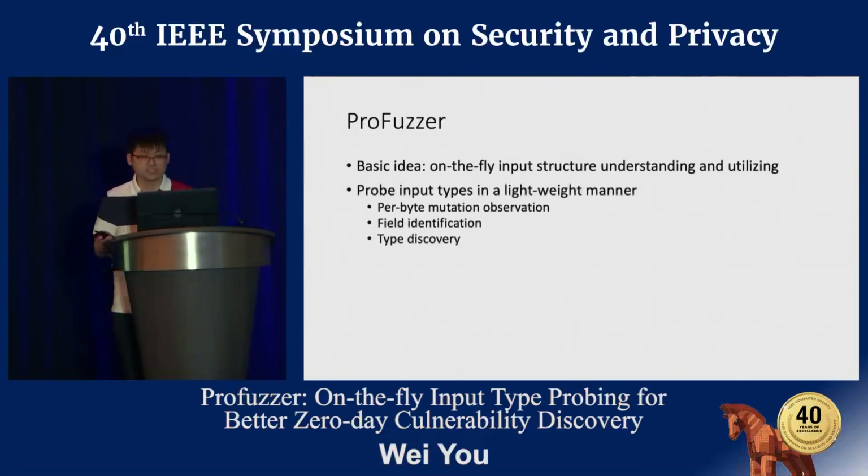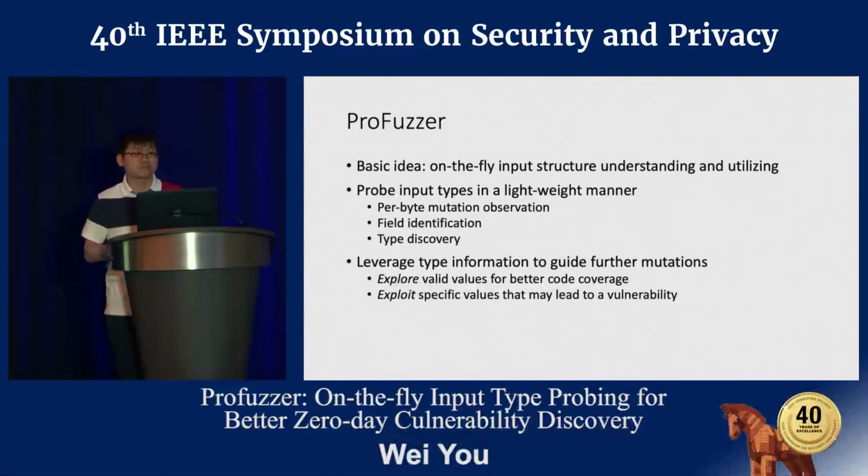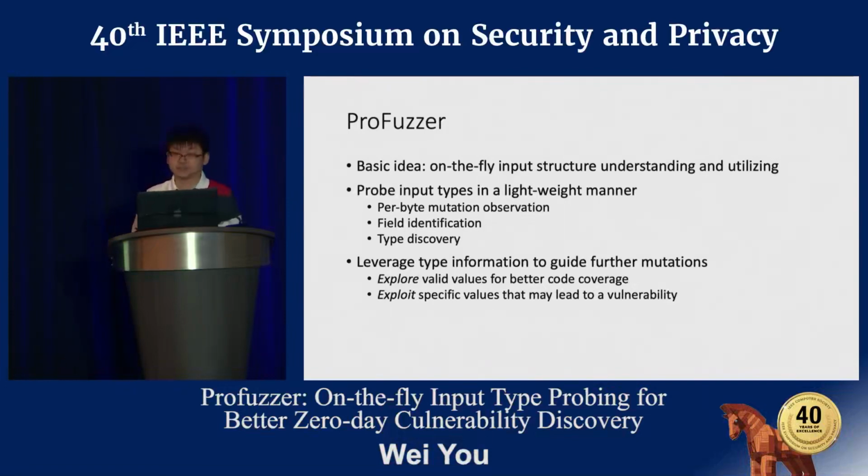In the first stage, the types of the input fields are probed in a lightweight manner that consists of 3 steps, including per byte mutation observation, field identification, and type discovery. In the second stage, the type information is leveraged to explore valid values for better code coverage and exploit specific values that may lead to a vulnerability.